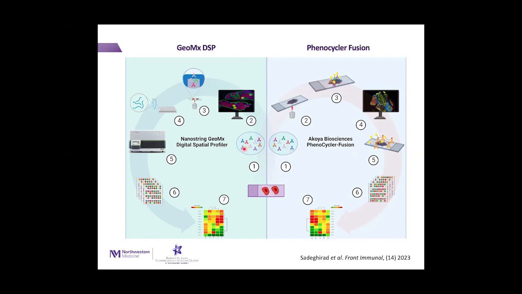For GeoMx, the first step is that, in the tissue sections, the probes and the morphology markers or antibodies for the certain types of cells that you want to look at are added. Then they are fed into the machine and the regions of interest, ROIs, are selected. Once the ROIs are selected, the oligos that are bound to the probes are collected in the 96-well plates and further processed for library preparation and sequencing. And then finally, you analyze your data.